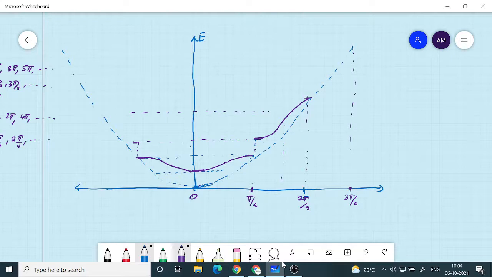I have to, so this is minus pi by a, and then same distance I take minus 2 pi by a, and that will hit on this free electron somewhere here. Then you have to join this. Okay, so like this. The very next band, it will be somewhere here.